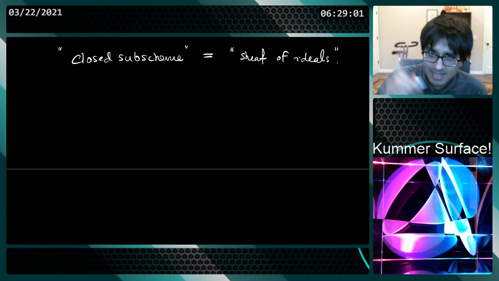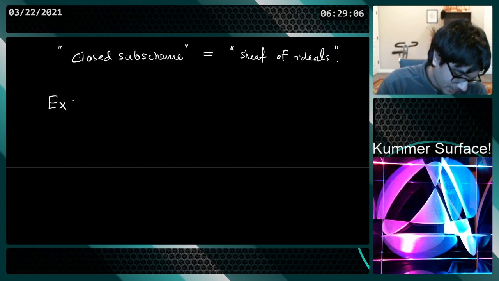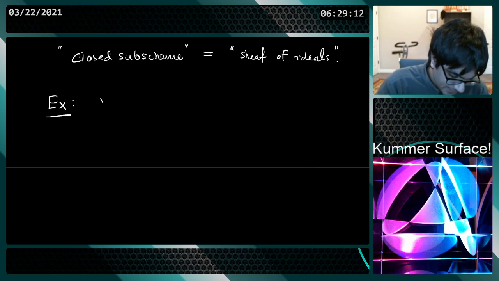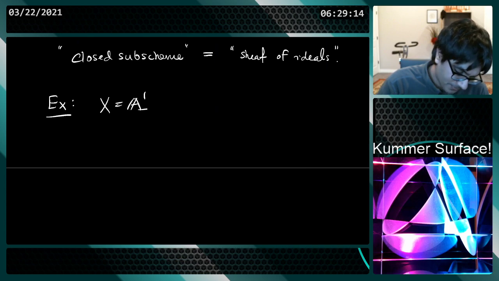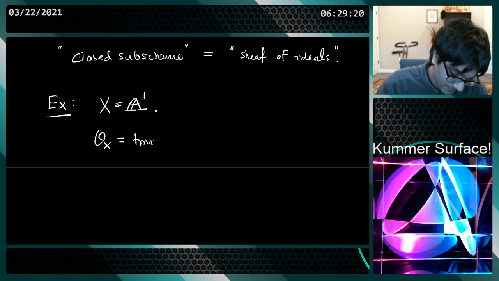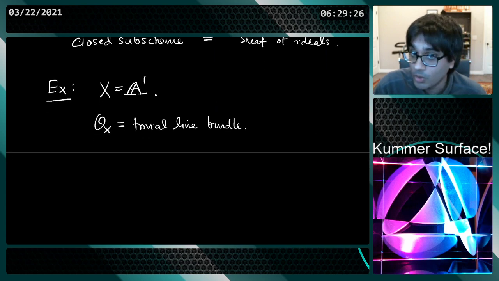Right? So, for example, let's do a very simple example. What is the vanishing scheme? Let's take X is A1. O_X is the trivial line, corresponds to the trivial line bundle. Now, since I'm looking at A1, O of X has so many global sections.